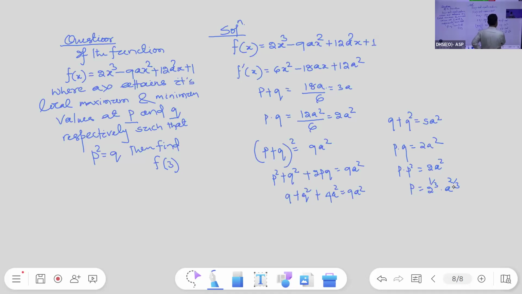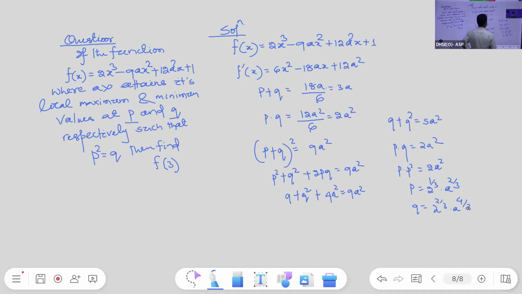Q is equal to P square, 2 to the power 2 by 3 into a to the power 4 by 3.